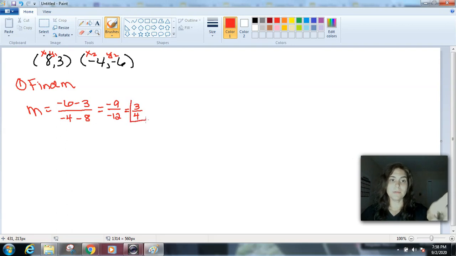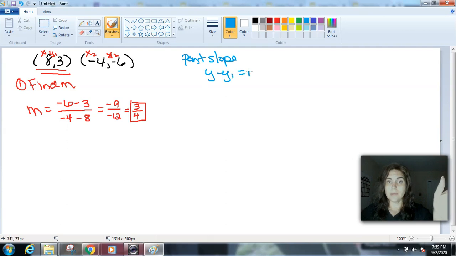Okay. Once I have the slope, I'm going to take the slope and a point. I'm going to choose the first one, and I'm going to write out all my equations. I'll do that in blue. I'm going to start with point slope, just because, like I said, it's the easiest one to write down. Point slope is y minus y1 equals m(x minus x1).